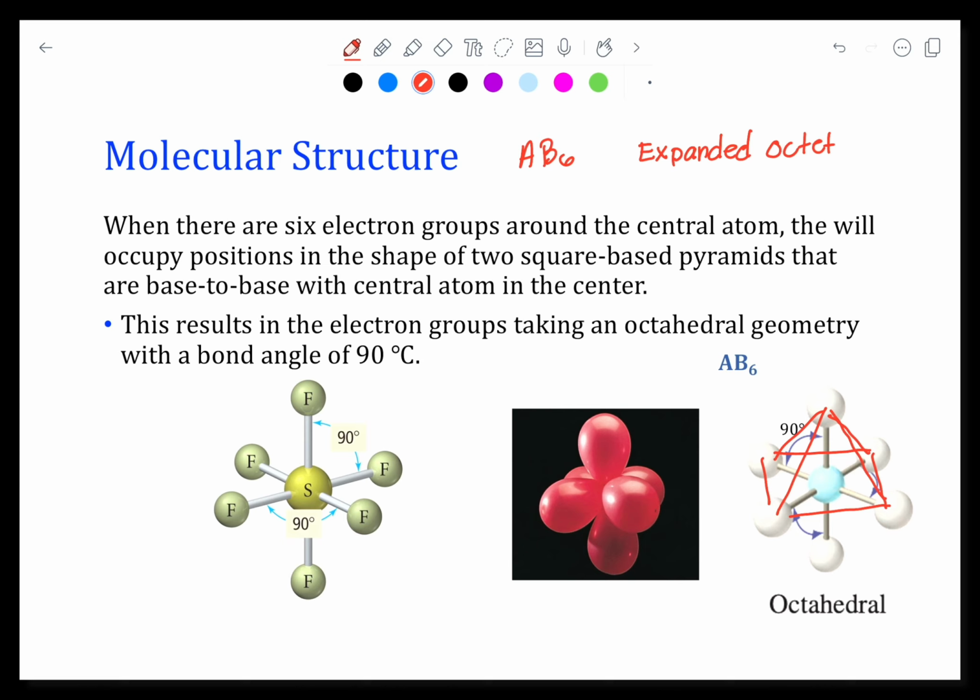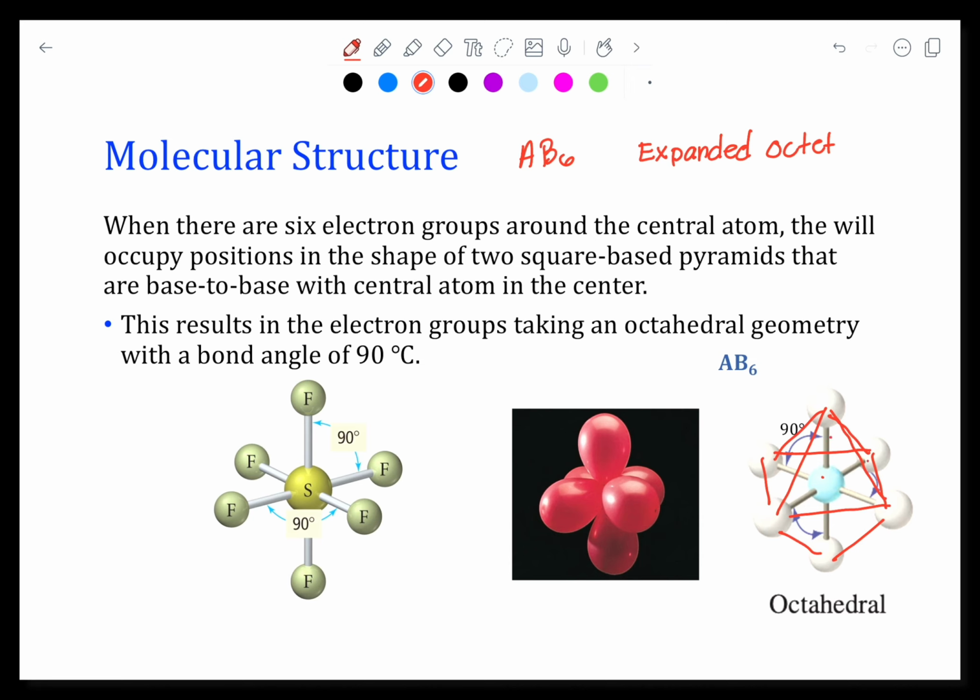Okay, there's just 2 of those. There's one on the top and there's one on the bottom here. So we have 2 square-based pyramids. This doesn't have a name that relates to pyramids. It more so pertains to the number of sides. It's octahedral because each of these has 4 sides. So there's 1, 2, 3, 4 sides on the top and 4 sides on the bottom.